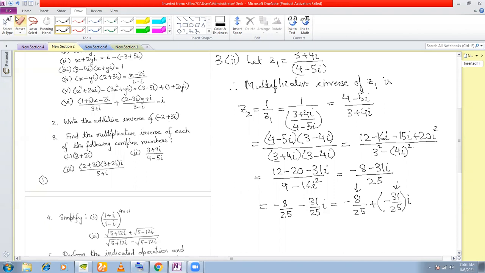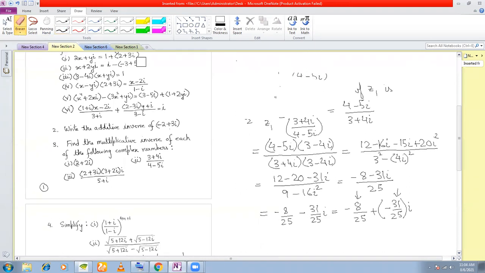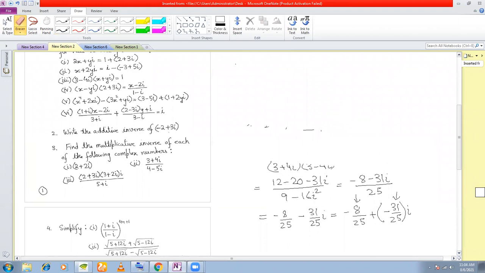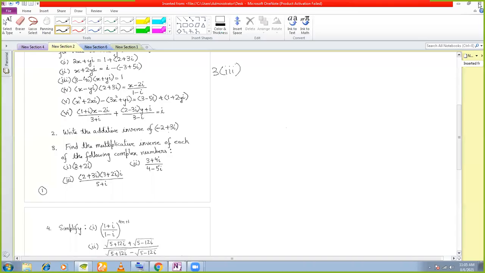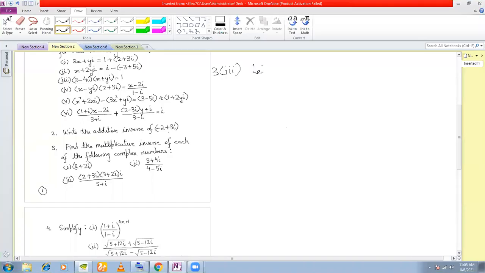Moving on to the next one. 3 part 3. Before starting this, I start by saying that z1 is equal to 2 plus 3i into 3 plus 2i into i divided by 5 plus i.